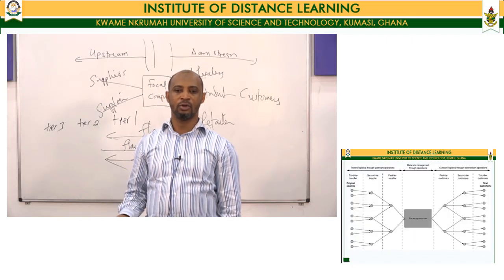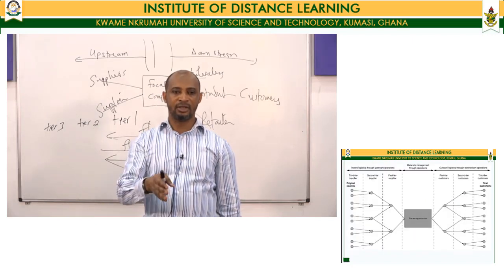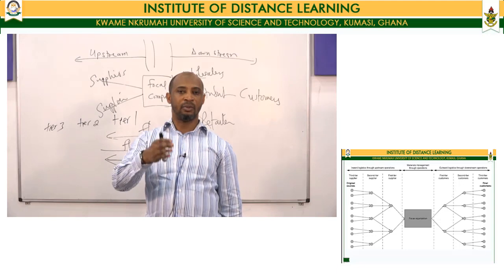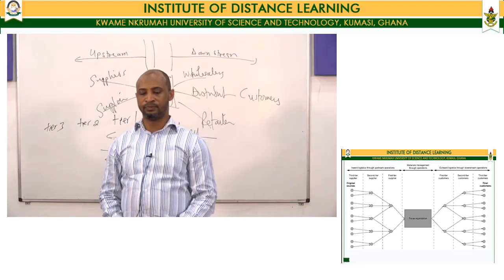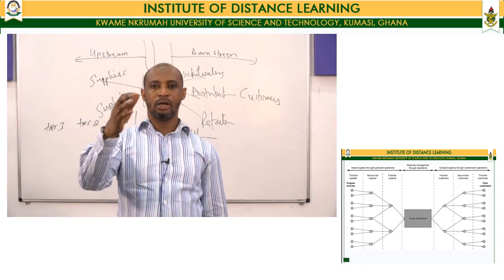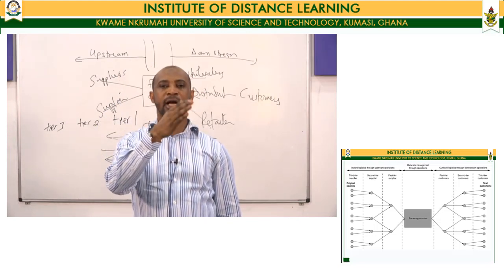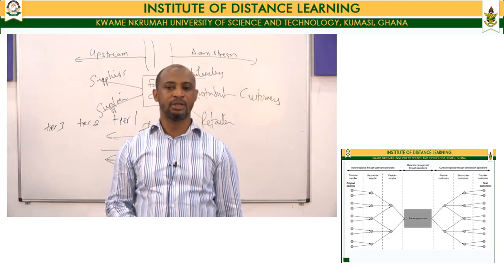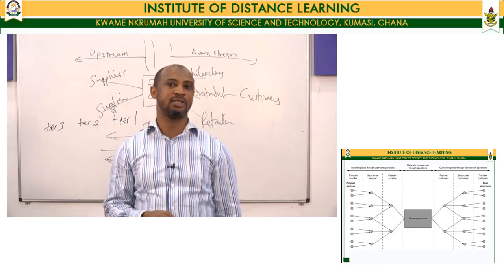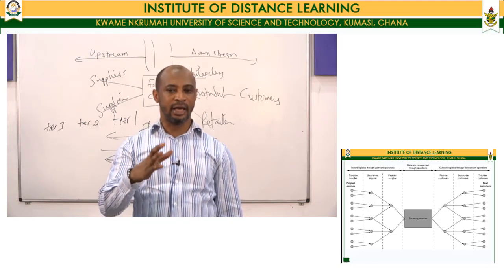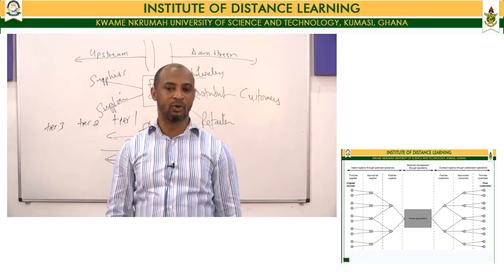Wholesalers and consumers are first tiers consumers, customers. Distributors and wholesalers are generally first tier customers. Wholesalers and retailers are second tier, and then third tier are final consumer.